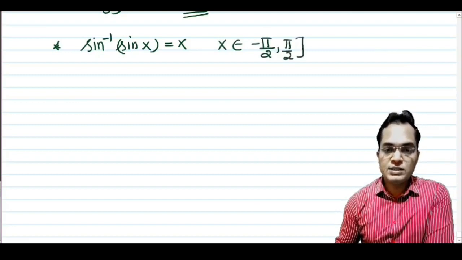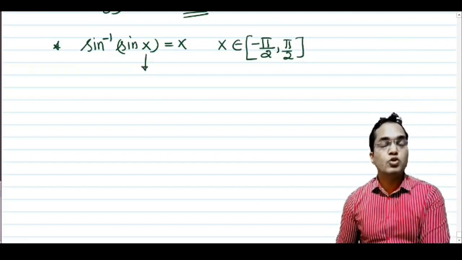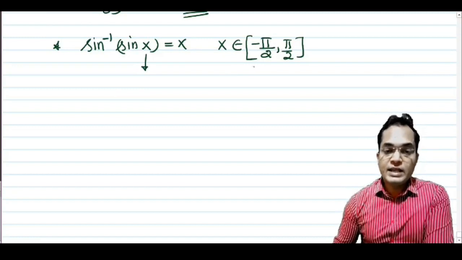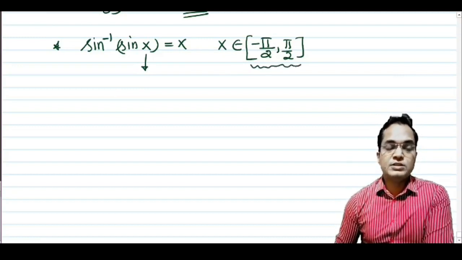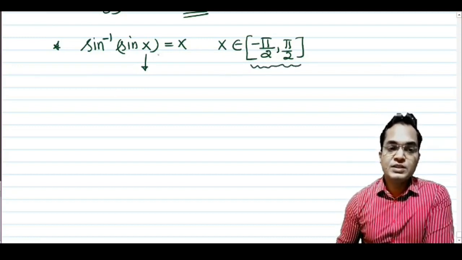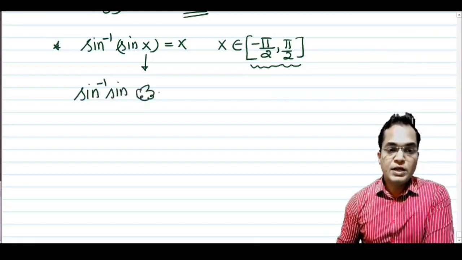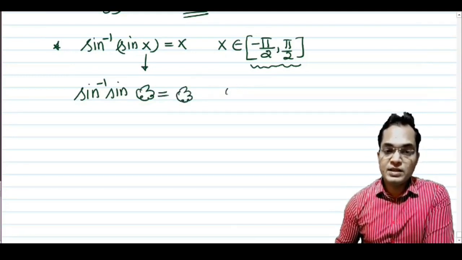In all other cases, we have to reduce these angles by using trigonometry such that the resultant angle lies in this range. Then we can say this is equal to x. Now we can write sine inverse sine of something equals that something if it lies between minus 90 to 90.